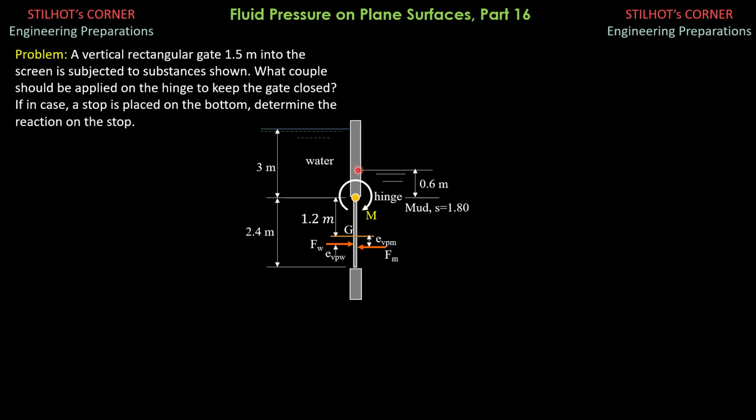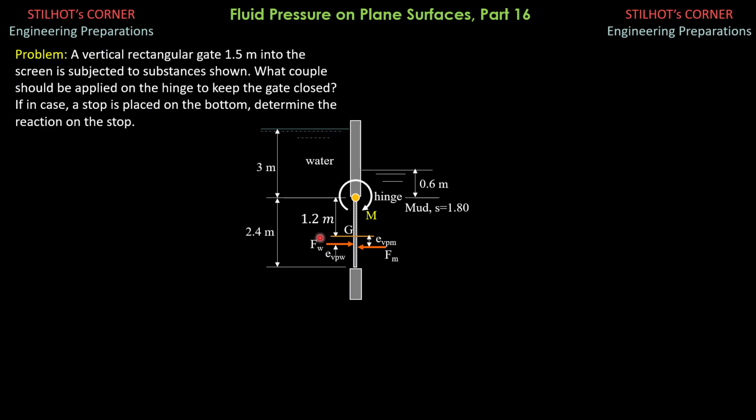The reaction which acts at the hinge therefore has no contribution to the moment resistance, or to this moment here. Moment about the hinge is zero, remember that, but the moment that should hold the gate in equilibrium is still applied about the hinge axis.